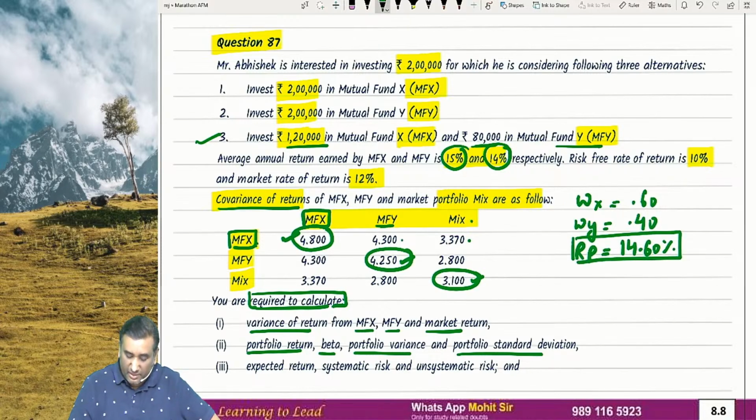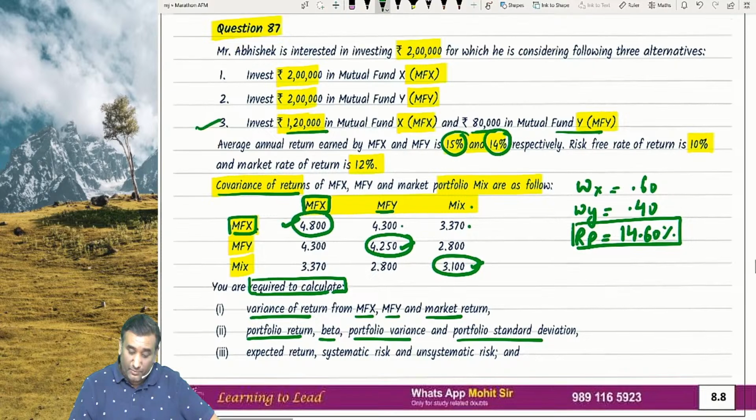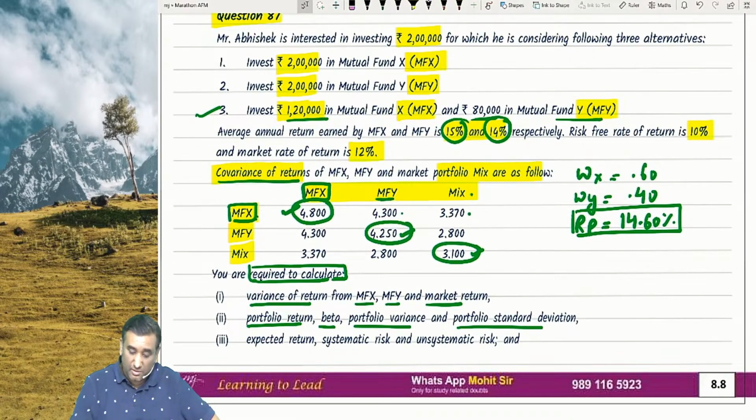That's one part. Now let us calculate beta of each and then portfolio beta. Beta of each, how do we calculate? Of X, covariance of stock and market divided by variance of market.